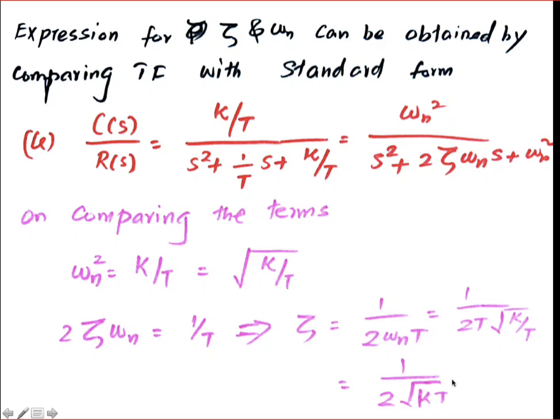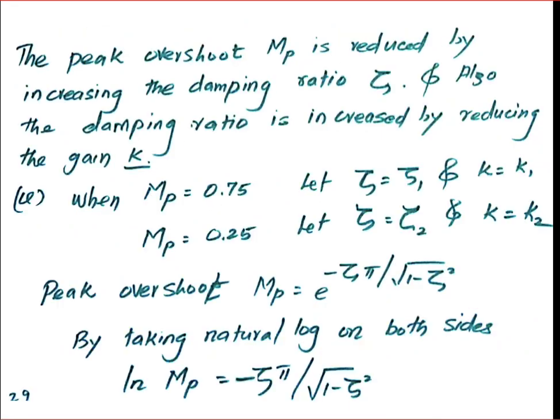Hence both are inversely proportional, so if you want to increase the zeta value, you have to decrease the value of k, or vice versa. Here we need to increase the value of damping ratio. It can be done only by reducing the value of gain k.